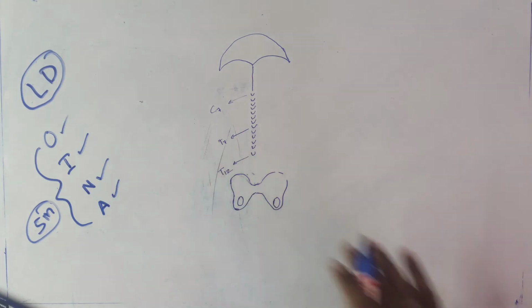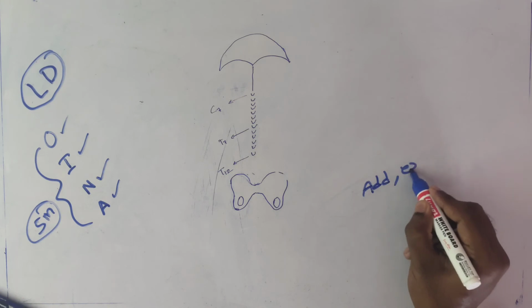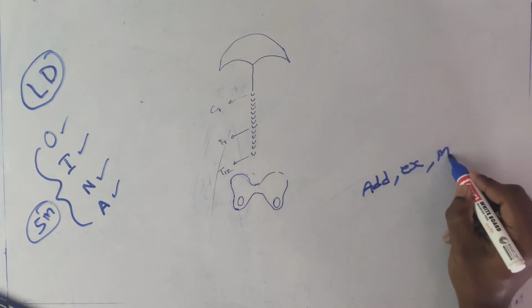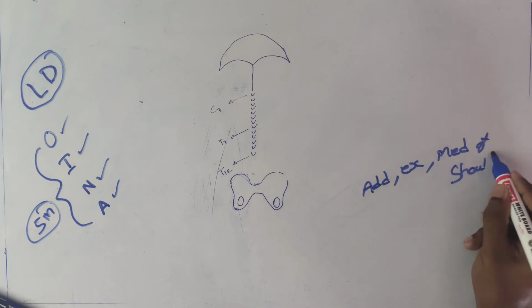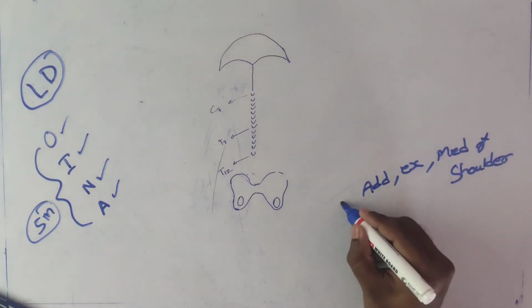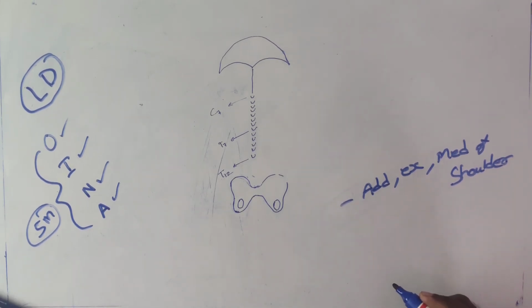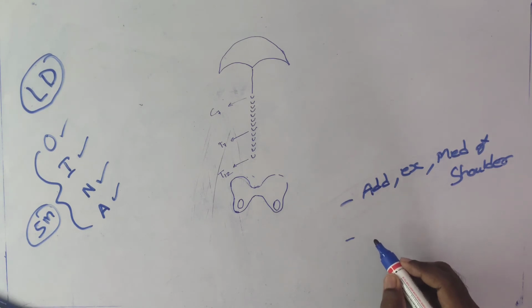Action: it helps in the adduction, extension and medial rotation of the shoulder. Adduction, extension, medial rotation of the shoulder is the first action or function. The next action is that it helps in violent expiration.